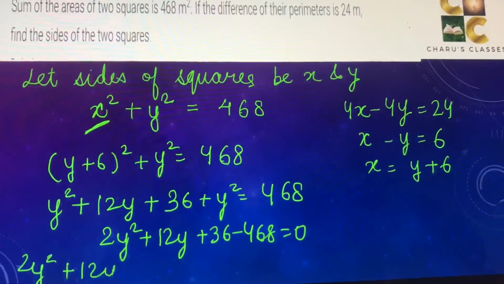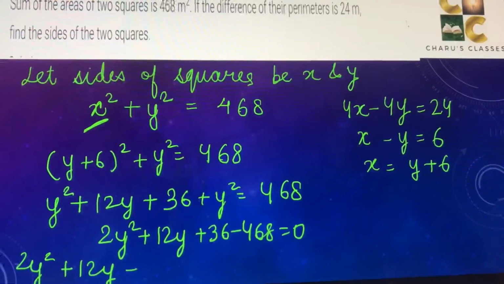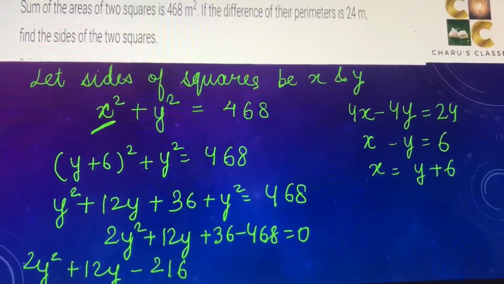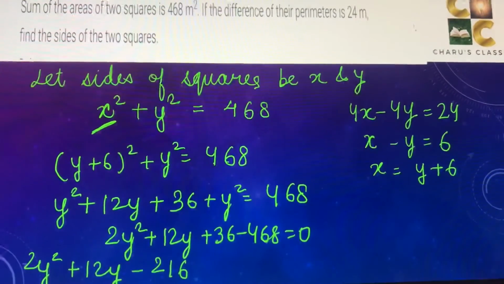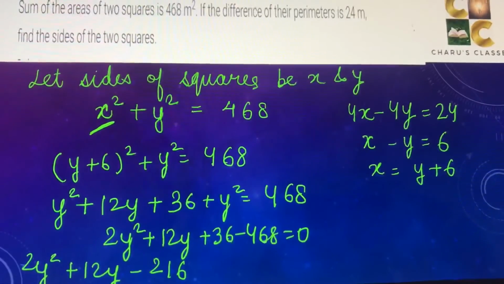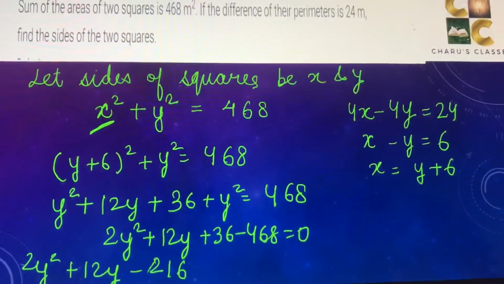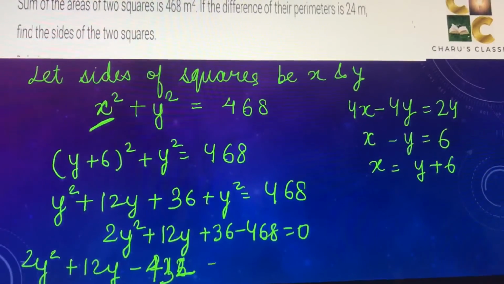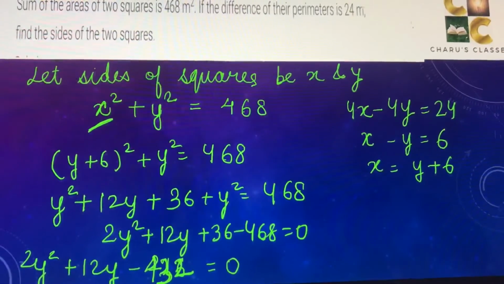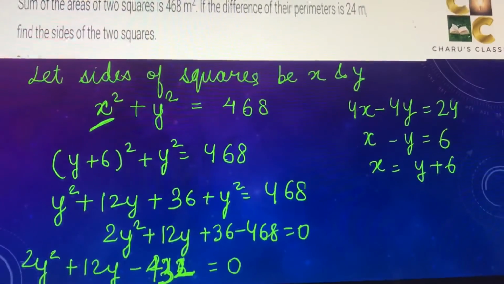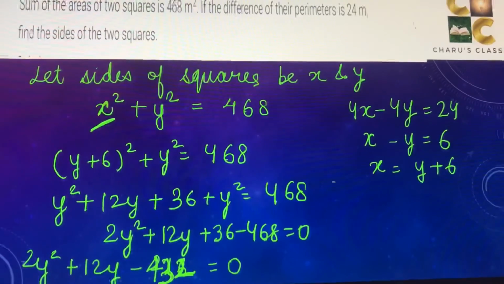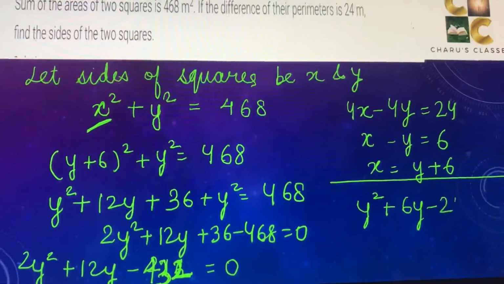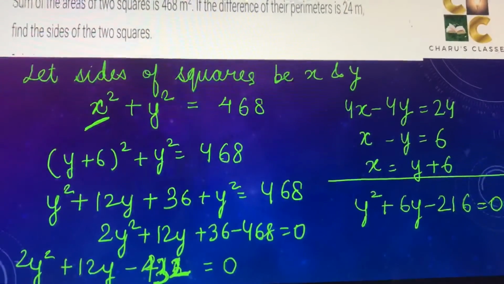We will have 468 and 36, so that will give us 432. So 2y square plus 12y minus 432 is equal to 0. We can divide throughout by 2. That will give us the equation as y square plus 6y minus 216 is equal to 0.